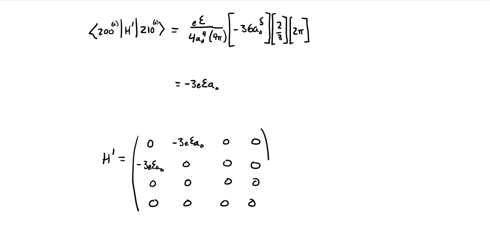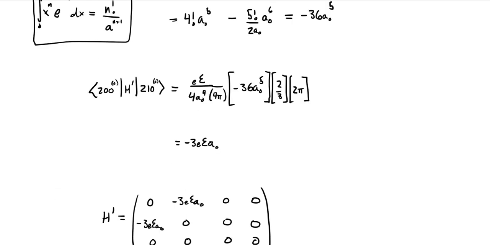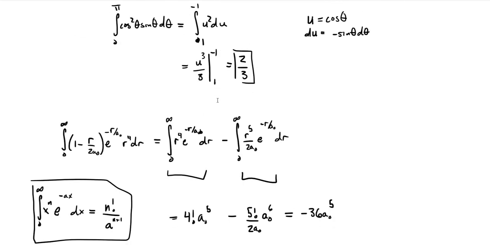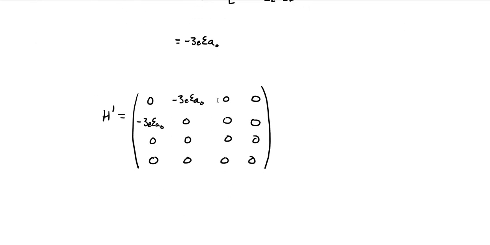Now we have to be careful here. I've switched the way I've written it. Way up here when we first introduced this matrix, I was using our basis states in this order: 0, 0, 1, 1, 1, 0, 1, negative 1. I've switched it to put the coupled states next to each other, so the L and M values in this basis are 0, 0, 1, 0, 1, 1, and 1, negative 1.